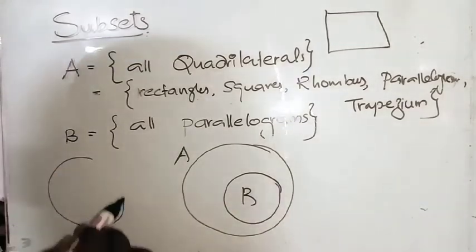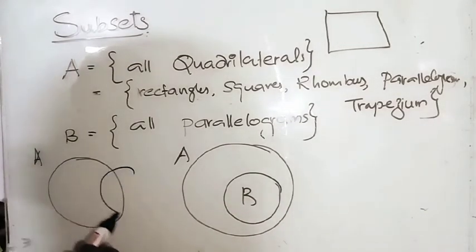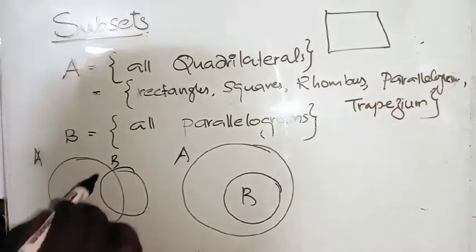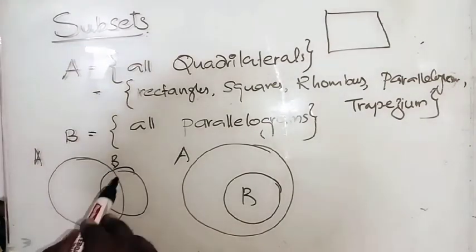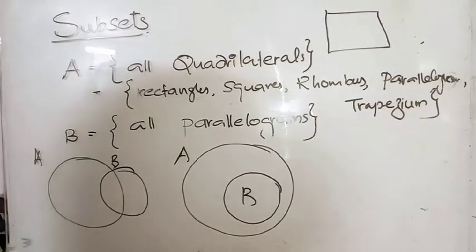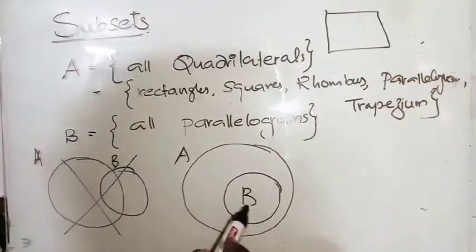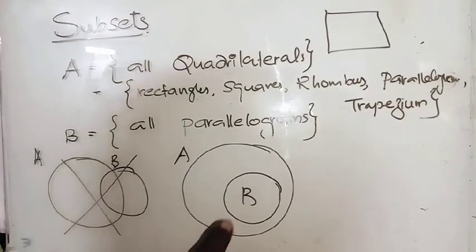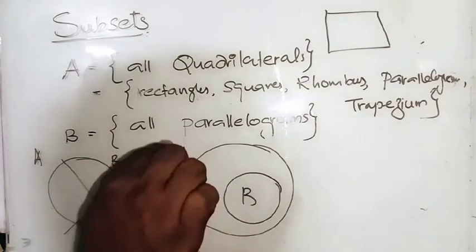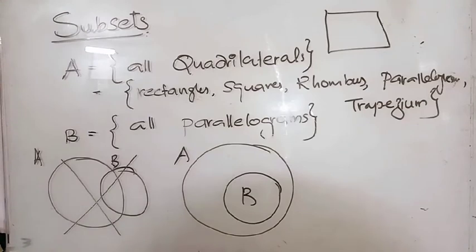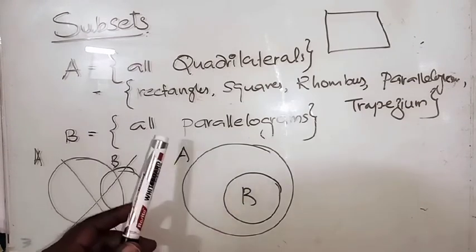But if you take it like this, with this as set B, we cannot say that set B is within set A. Set B is not completely within set A. So this is not the concept, this is the concept. Simply think that set B is a part of set A.